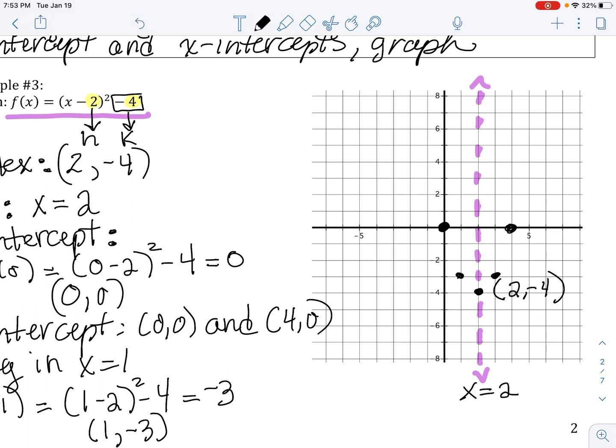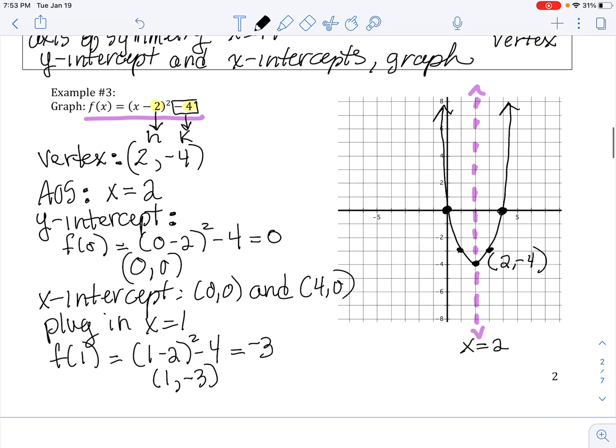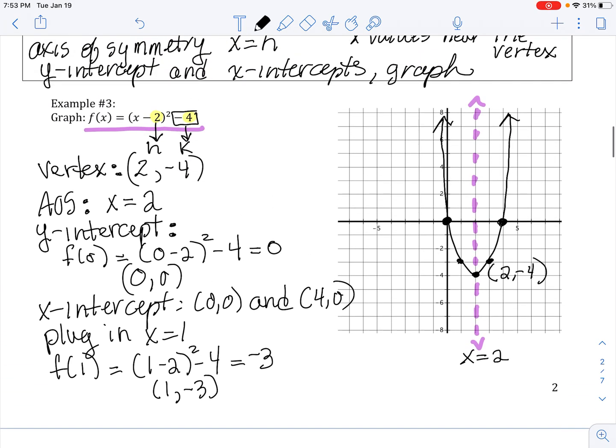Do your symmetry point to the opposite side of your line of symmetry. And now let's draw our curve. And there it is. And that is the end of notes, part 1.